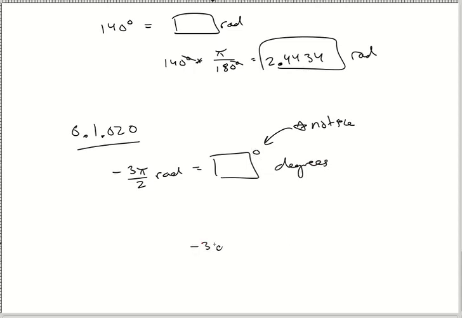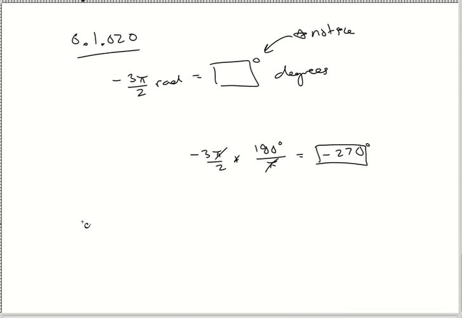Okay. Negative 3 pi over 2 times 180 over pi. Again, remember, my pi's are going to cancel. That's my indicator I'm doing it correctly. You actually get a negative 270 straight up. You're going to put this in the box because they already provide the degree symbol.